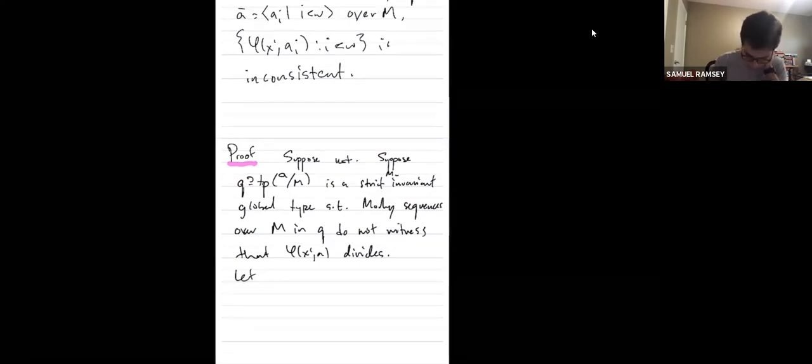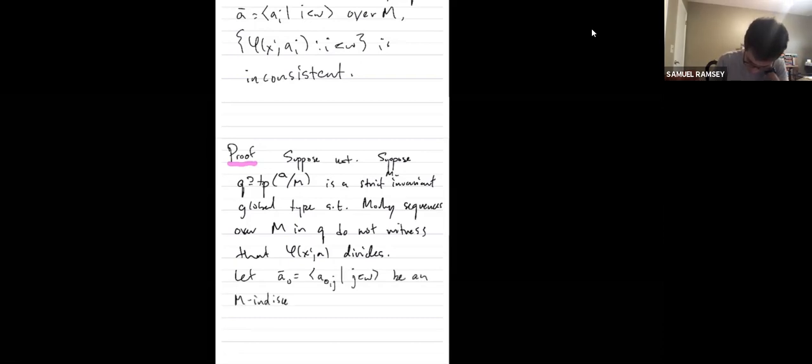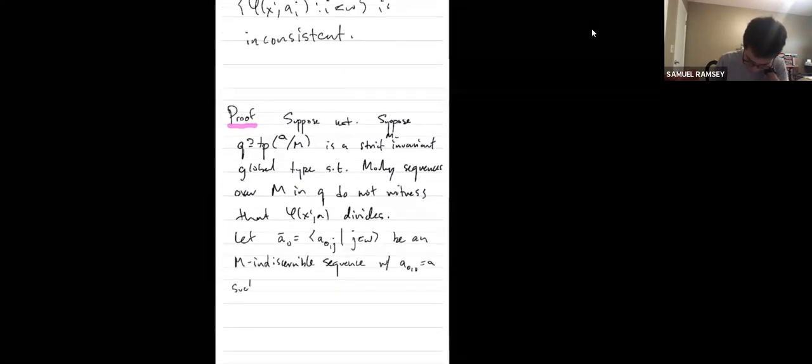I guess we will call it a bar 0, which is going to be (a_{0j}), j less than omega, an indiscernible sequence with a_{00}, sorry, a_{00} equal to a, such that phi(x, a_{0j}), j less than omega, is inconsistent.